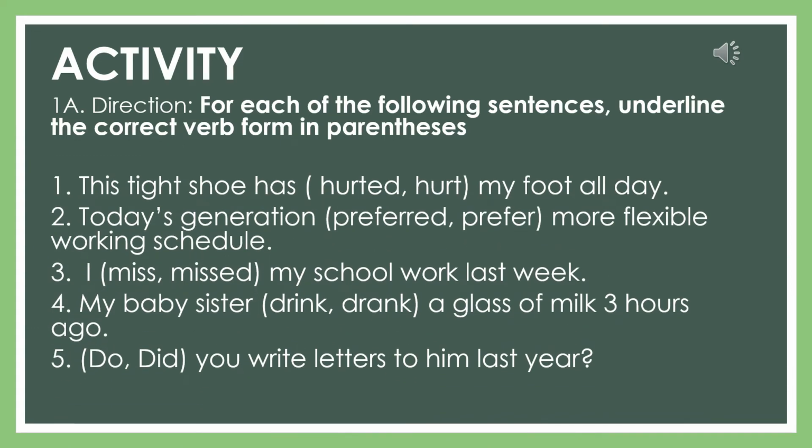Let us find out what you have learned from our lesson. We have here Activity 1A. Listen to the direction. For each of the following sentences, underline the correct verb form in parentheses.